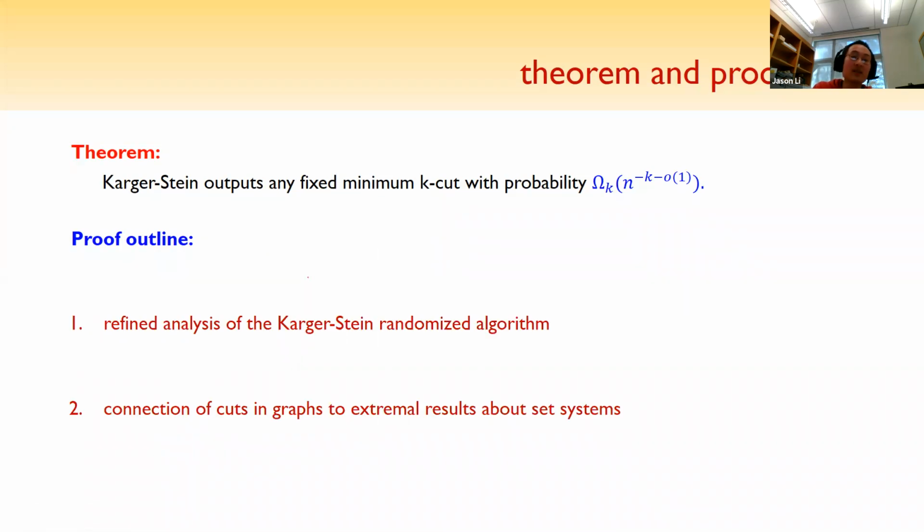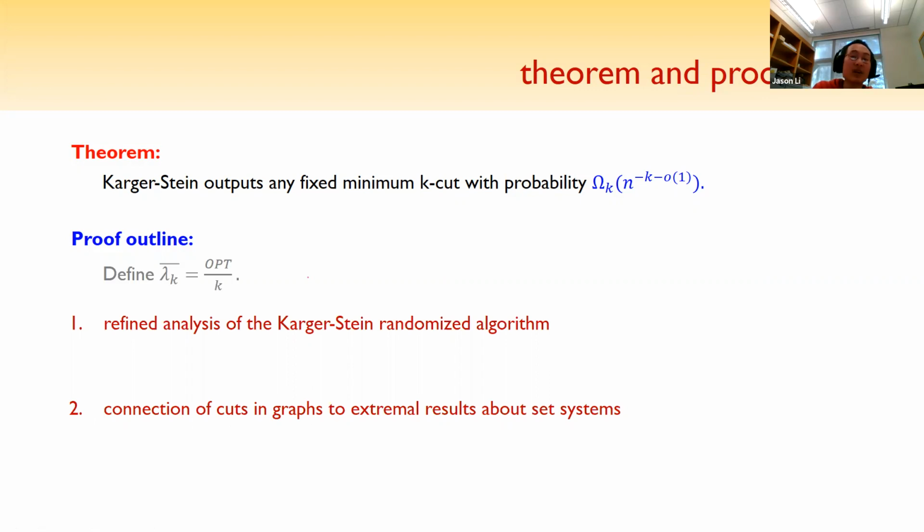The first step is an algorithmic statement: we want to refine the analysis of Karger-Stein. And the second step is a more extremal combinatorics statement: we want to show a connection between the cuts of a graph and some extremal set theory statement.